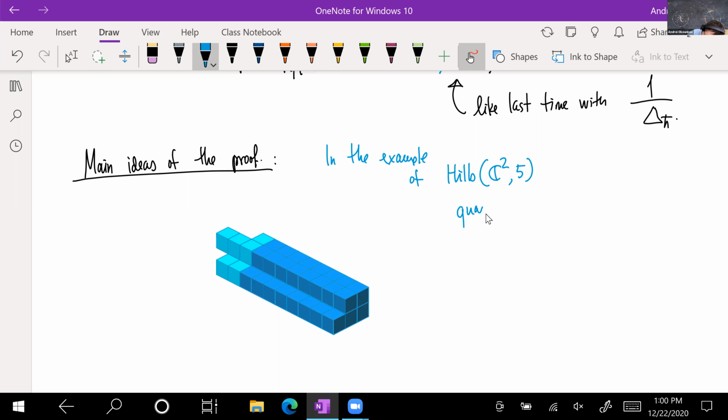So quasi maps. This is the same as PT moduli spaces. Okay. So a point in a quasi map is something like this.